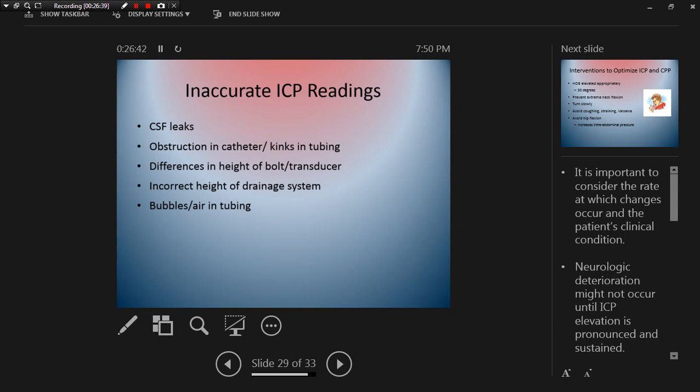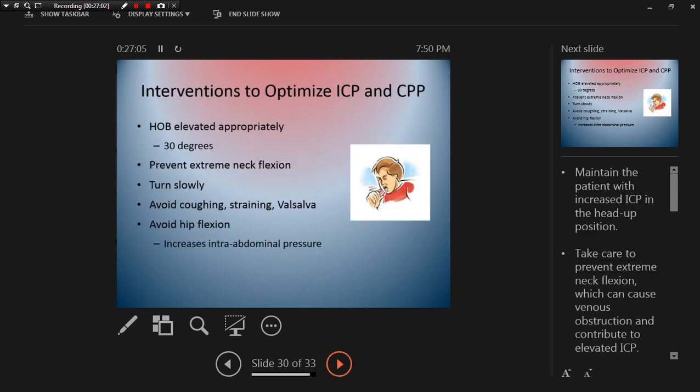So you might be getting some inaccurate readings. The difference between the actual insertion site or bolt and the transducer system and the IV pole. So we need to make sure it's appropriately leveled with the tragus of the ear. Incorrect height of the drainage system, and bubbles and air in the system can actually lead to alterations in ICP readings.